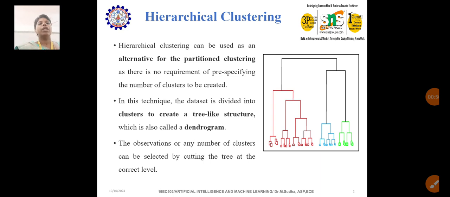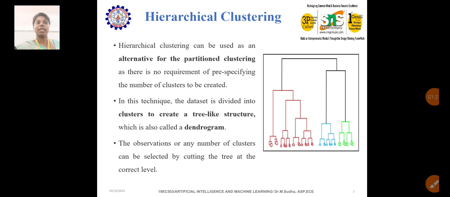Okay, so hierarchical, what is meant by hierarchy? We all know hierarchy in the sense of position. For example, consider a family: a grandfather, father, son, and after birth a grandson. Likewise we may make some hierarchy, and it depends upon the type of sector, whether an educational institution or banking.